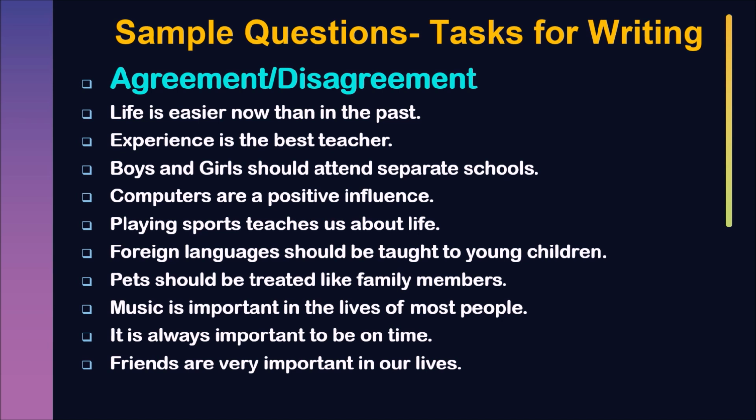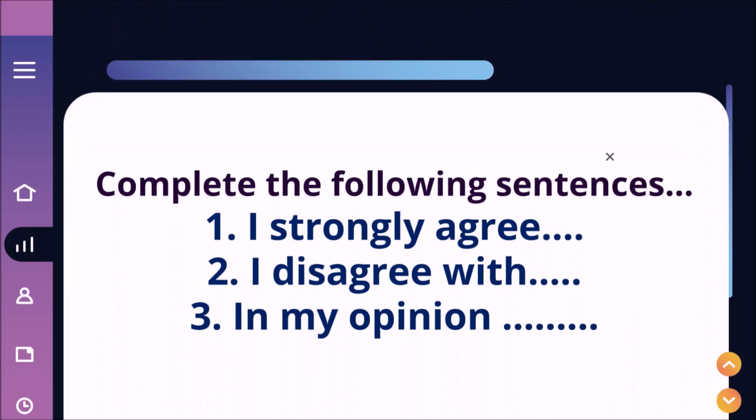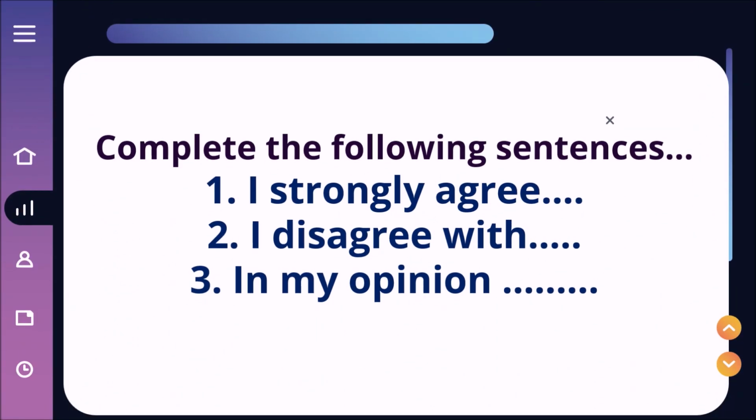Now, let's check what kind of examples we can give. To give practice to the children for agreement and disagreement, we can use expressions like I strongly agree, I disagree with, or in my opinion.